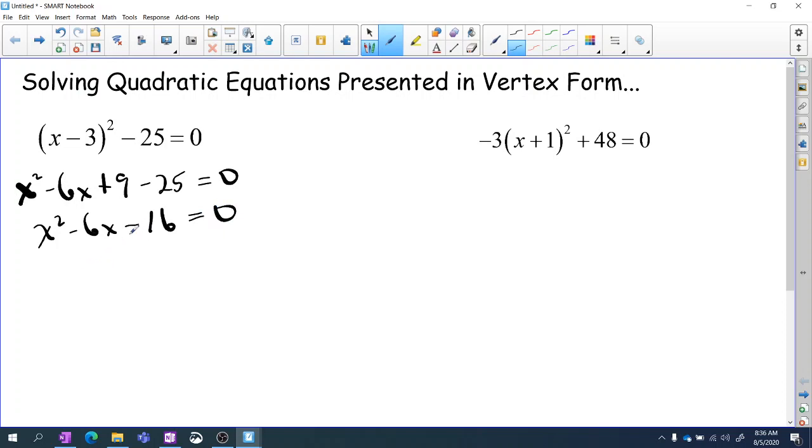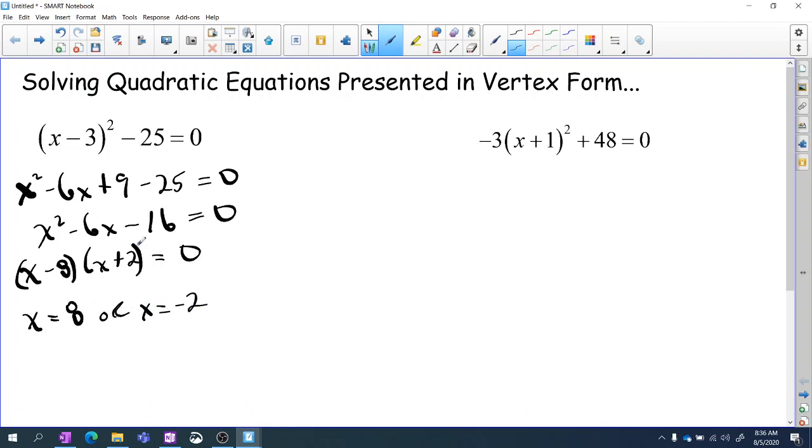Are there any two numbers that multiply to give negative 16 and add to give minus 6? Yes, there are. So this does factor. (x - 8)(x + 2). Negative 8 times 2 is negative 16. Negative 8 plus 2 is negative 6, giving us two possible solutions: x equals 8, or x could be negative 2.